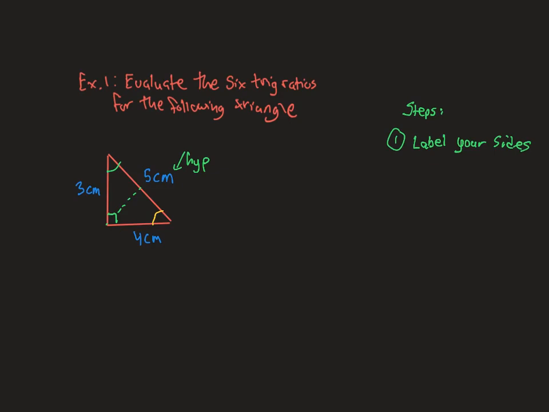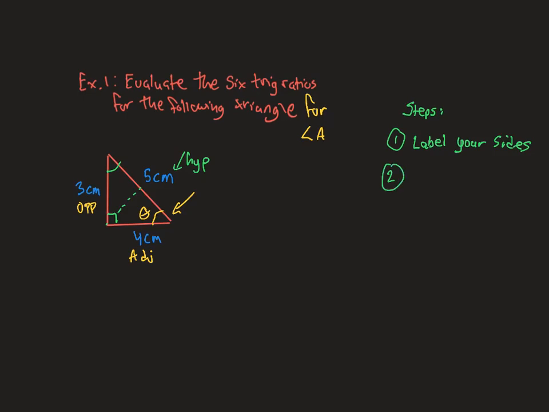So if I say here, evaluate the 6 trig ratios for the following triangle for angle A, I'm telling you this is your theta. Now if that's my theta, that means this is my opposite, this is my adjacent. So it's very important for you to label your sides first.